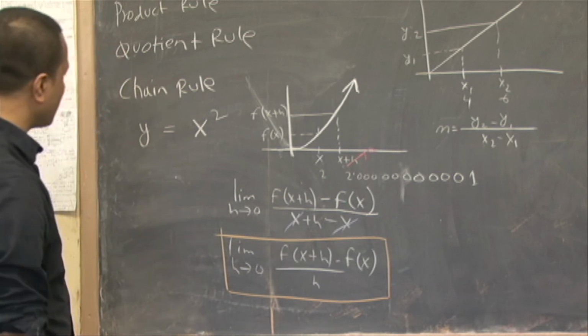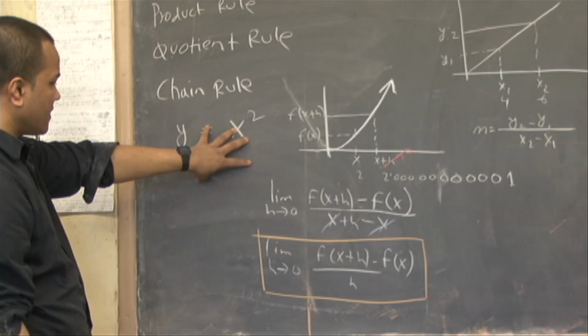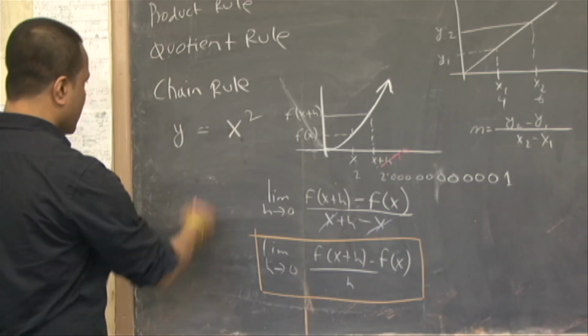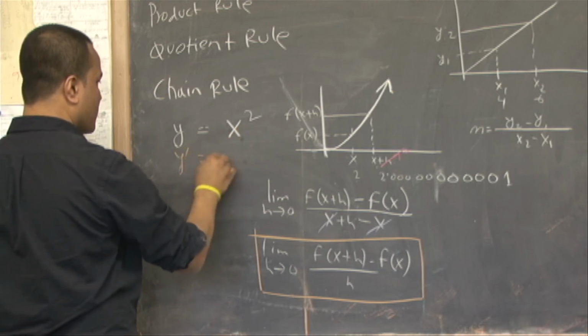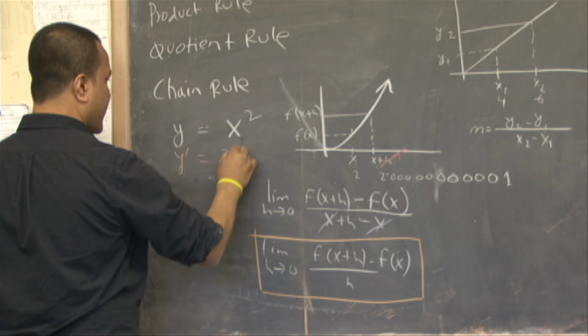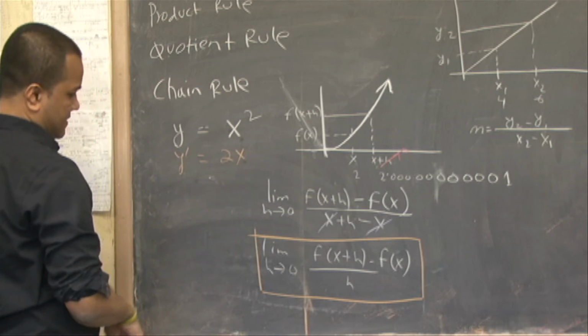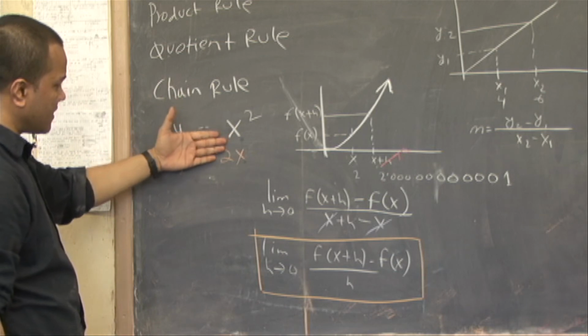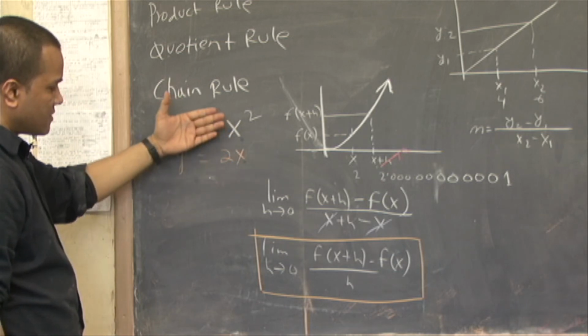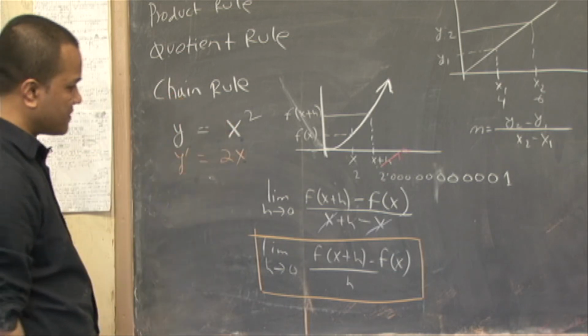What is the derivative of this guy? We can simply use the power rule to take the derivative of this. We can write y prime equal to 2x. But let's use the limit definition to calculate the derivative of this function.